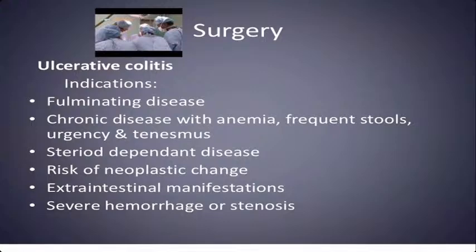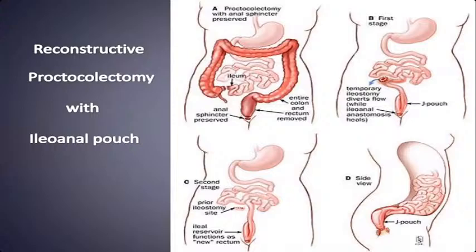So it's generally reconstructive surgery or proctocolectomy with ileoanal pouch. It really depends on where the disease is and the severity of disease. Then the surgeon plans the surgery accordingly.